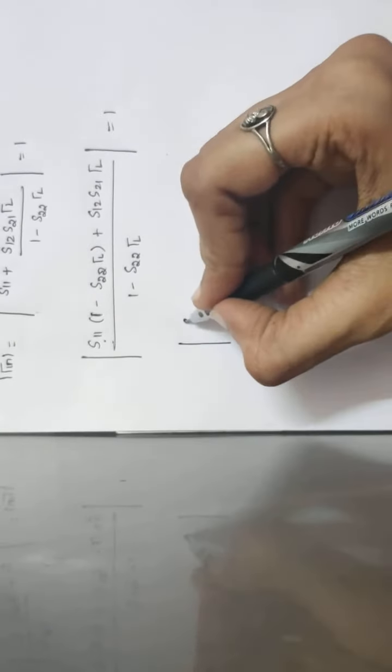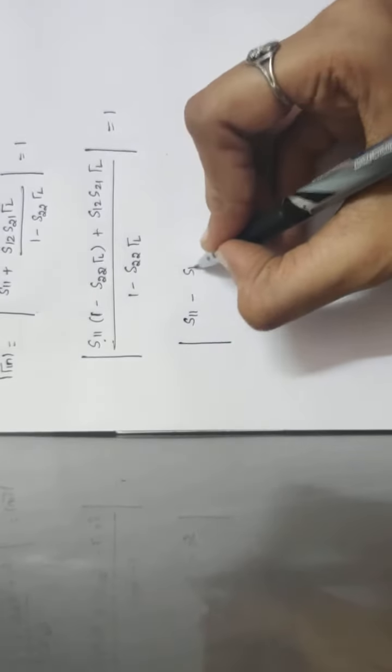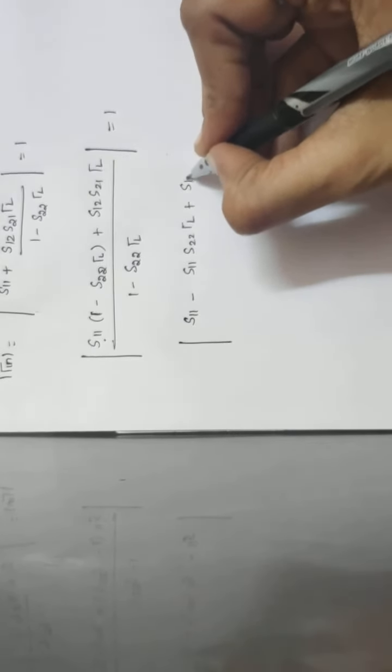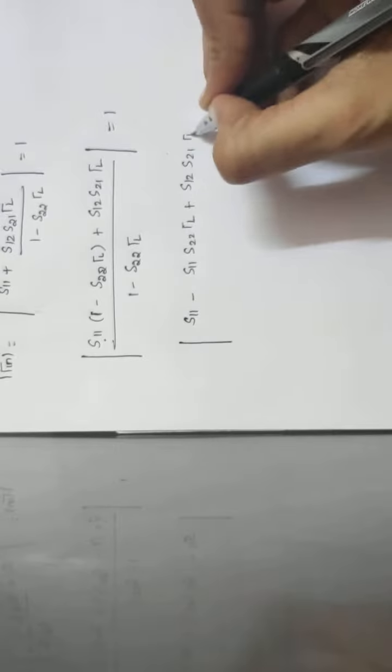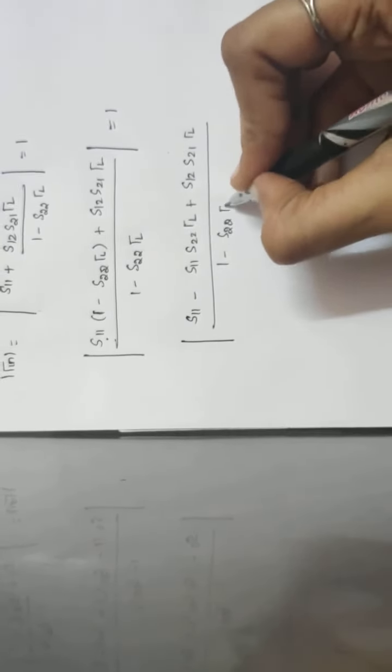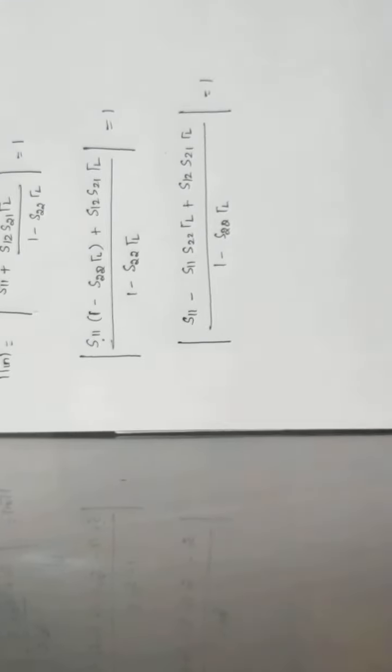Now multiply this term inside. So this becomes the modulus of S11 minus S11 S22 ΓL plus S12 S21 ΓL divided by 1 minus S22 ΓL, equal to 1.